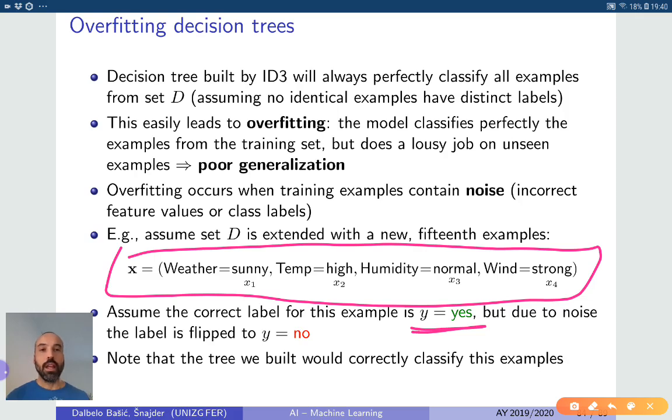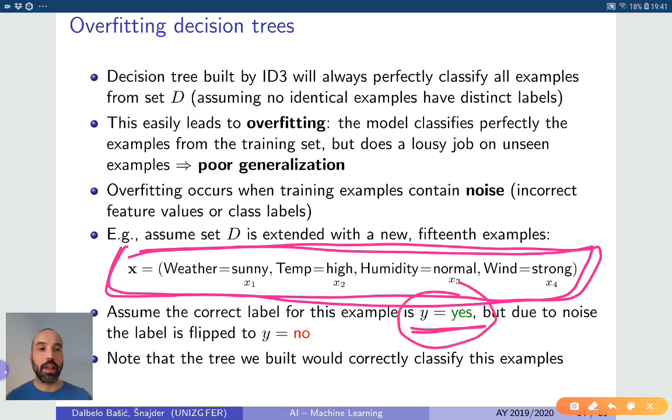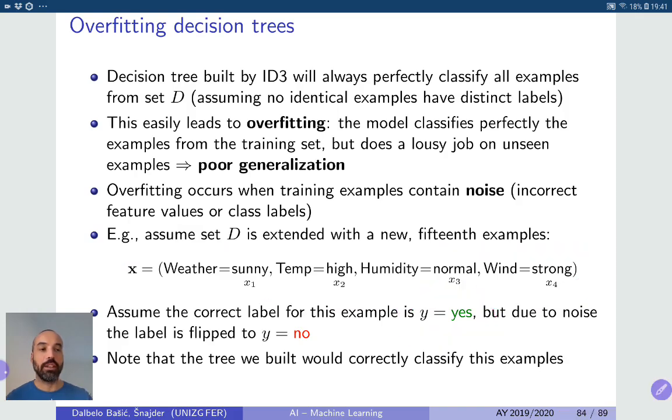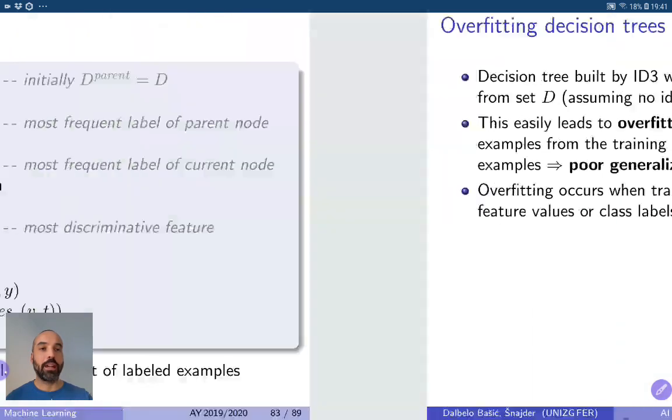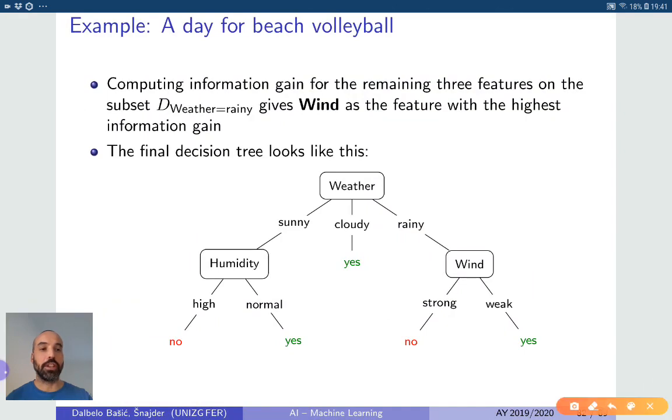Now, notice that if this is my 15th example, and if I would use the tree that we just built to classify this example, this would work quite well in the sense that I would get the correct label, which is yes, right? Look at the example here: sunny, high temperature, normal humidity, and strong wind. If you go back to the tree which we just constructed, sunny, normal, and here we are, it's a yes.